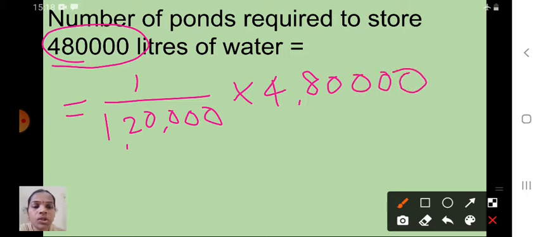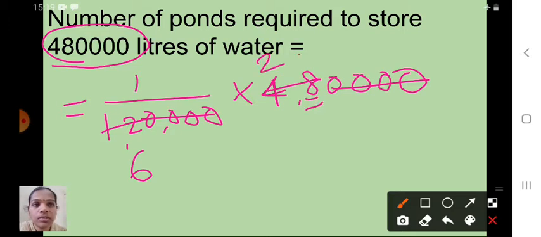Understood children? So this 40 we can cut. Here 12 and here 48 is there. Can anyone say what is the common factor? Okay, I am taking the common factor as 2. How many 2s are 12? 6 2s are 12. Again here 48, how many 2s are there? 24.